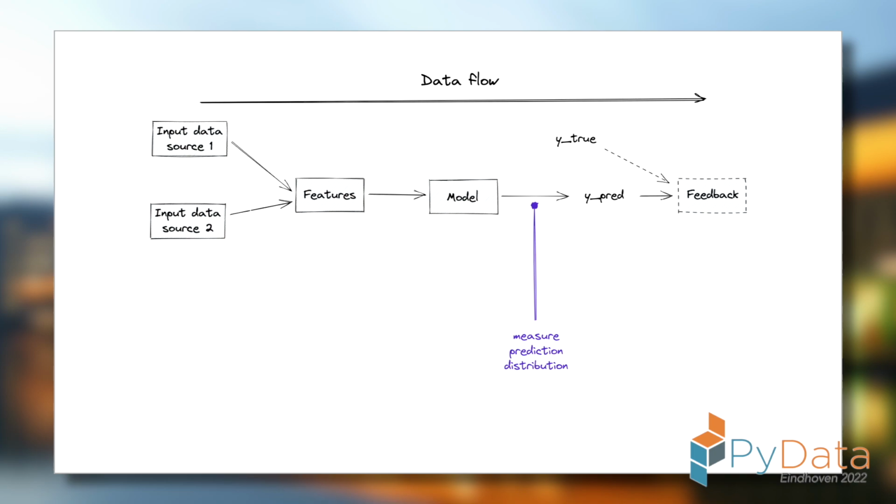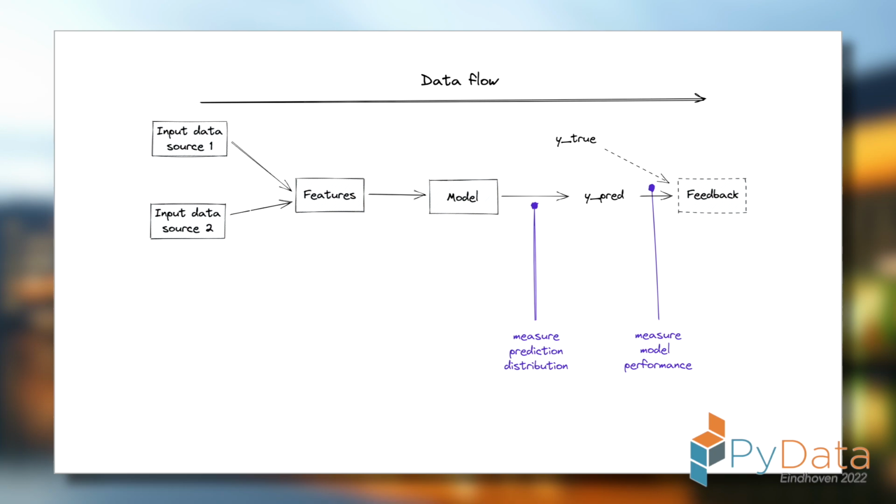Then secondly, to answer the question, how well is my model doing? Is it making the right predictions? We need to know the ground truth. So if we're able to get the ground truth, it would be good to feed that back into the system and monitor the model performance. In this case of churn, we make predictions whether this customer is going to churn within a month.